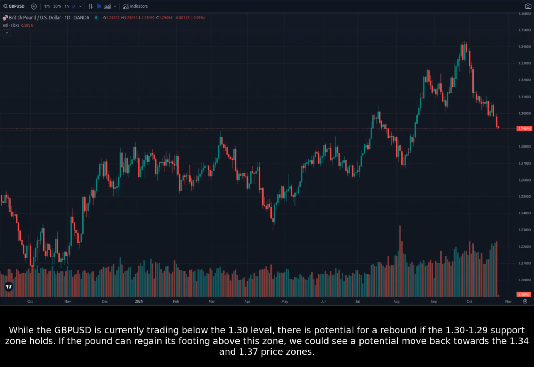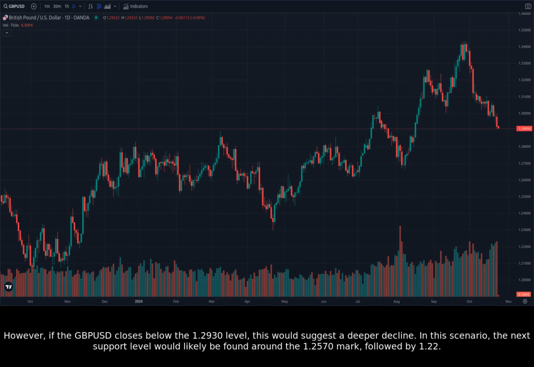If the pound can regain its footing above this zone, we could see a potential move back towards the 1.34 and 1.37 price zones. However, if the GBPUSD closes below the 1.2930 level, this would suggest a deeper decline. In this scenario, the next support level would likely be found around the 1.2570 mark, followed by 1.22.